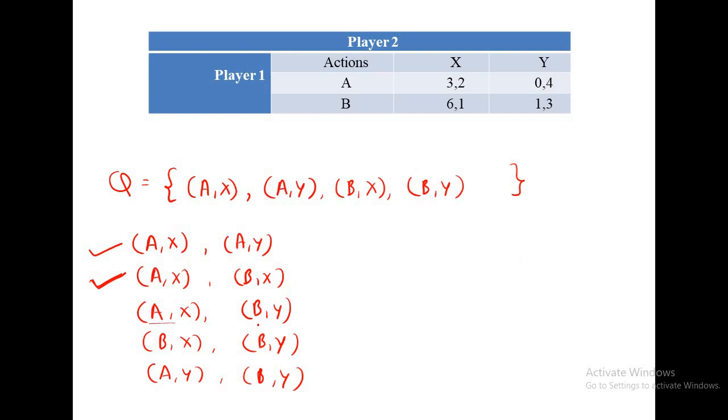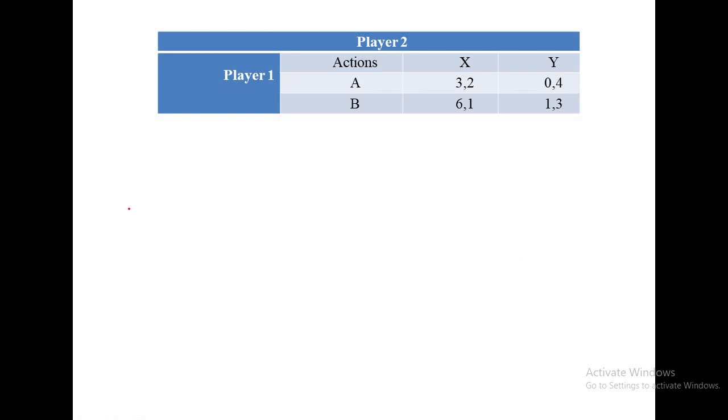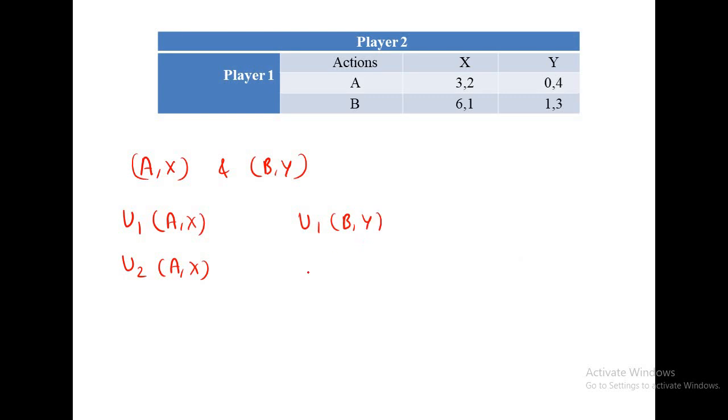Now we will check AX and BY. Again we will calculate the utility for both players for this pair of profiles. What is U1 AX? U1 AX is 3, U2 AX is 2, U1 BY is 0 and U2 BY is 4.